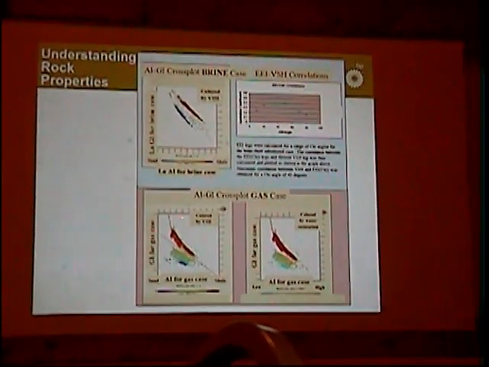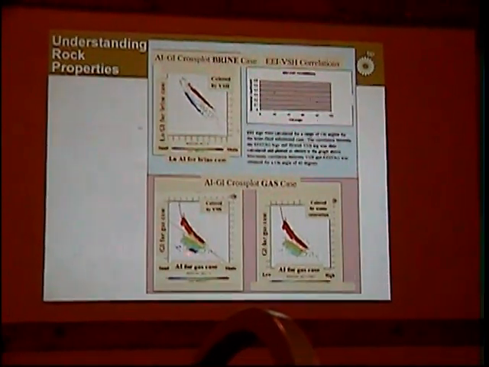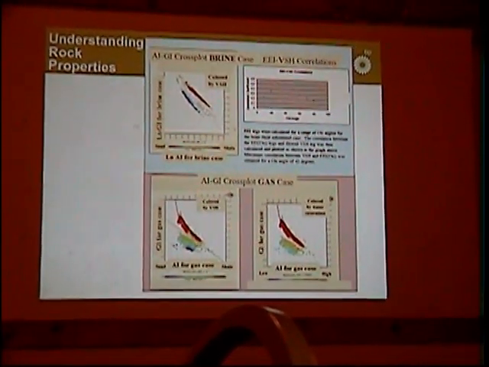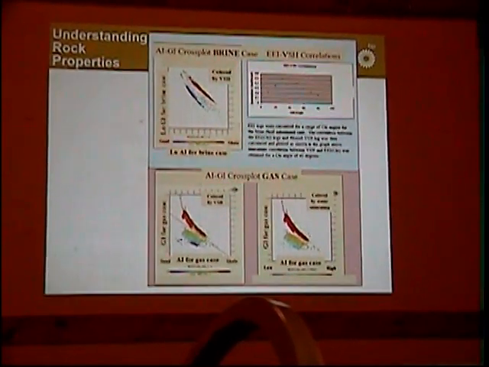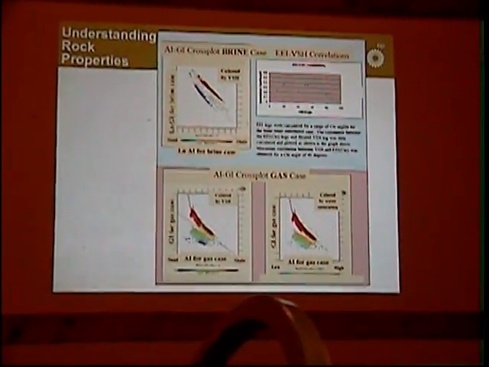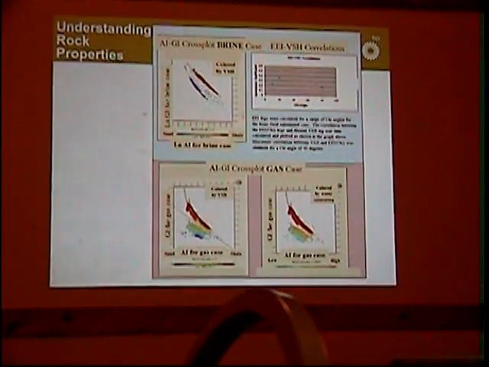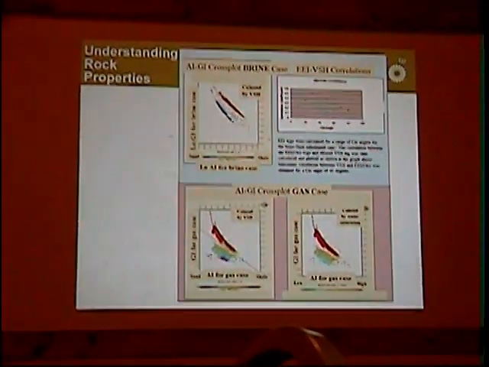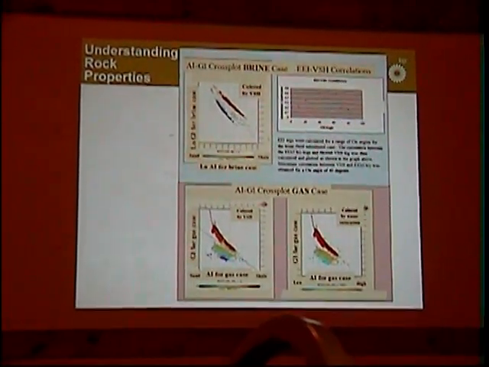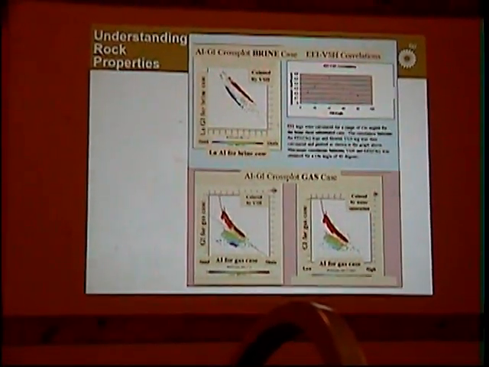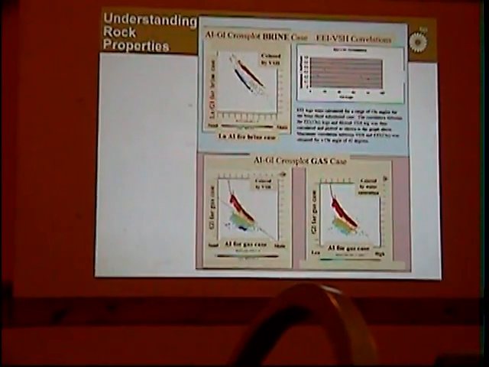And if I look at the gas substitute case, it's telling me that my gas sands are even going to be brighter. So I'm going to have seismic data that is showing me some bright amplitudes where I have wet sands and brighter amplitudes where I have hydrocarbon sands. That's what it's going to tell me.